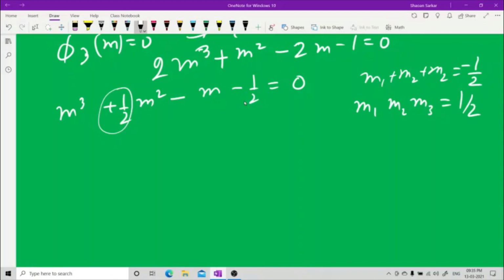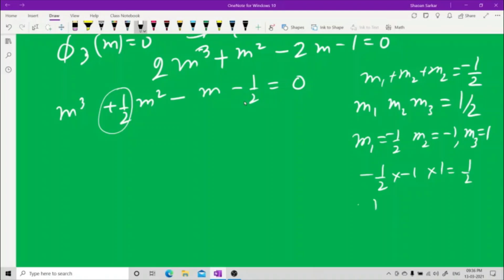Now see, you do one thing. You take m1 equal to minus half, m2 equal to minus 1, and m3 equal to 1. Do the multiplication: minus half into minus 1 into 1 is half.